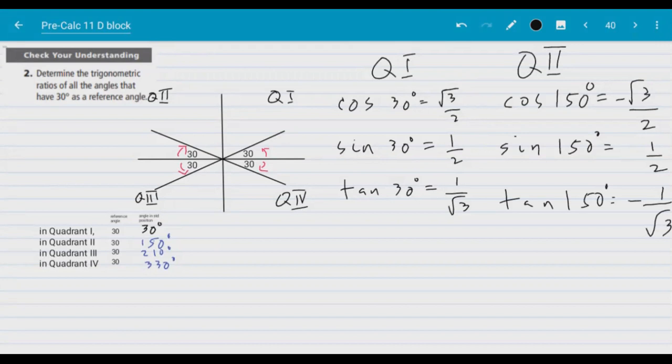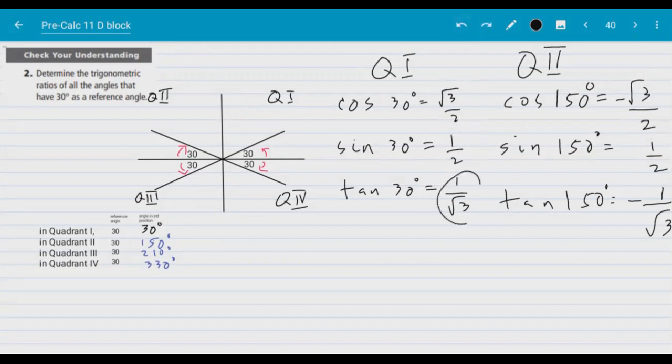The values, the absolute value, or the number only, if we put it that way, of the ratios are really the same. Cosine of 30 is root of 3 over 2. The cosine of 150 is root of 3 over 2 also, except that it's negative. The sine is 1 half. They are both positive.